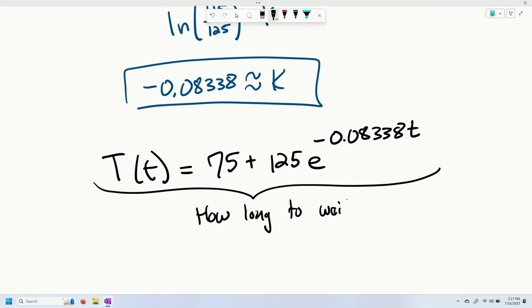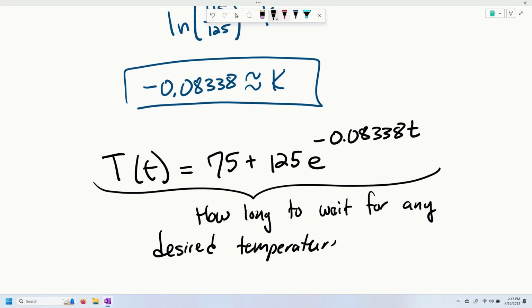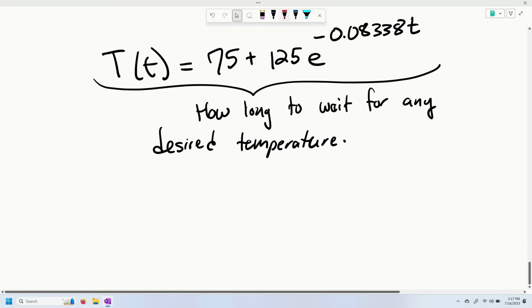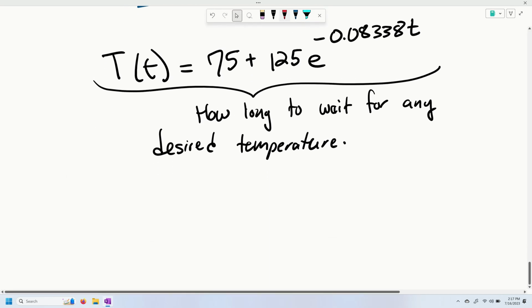Now, the problem said, how long are we going to have to wait for this to be 150 degrees?